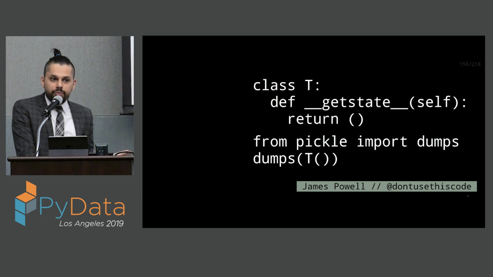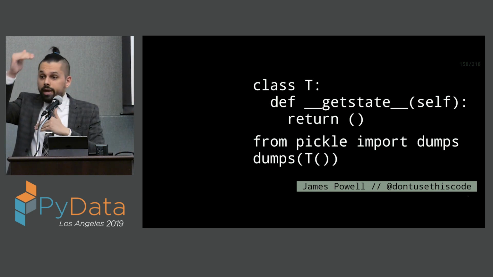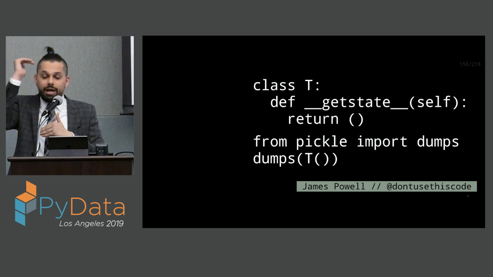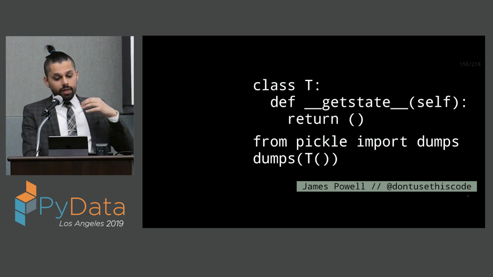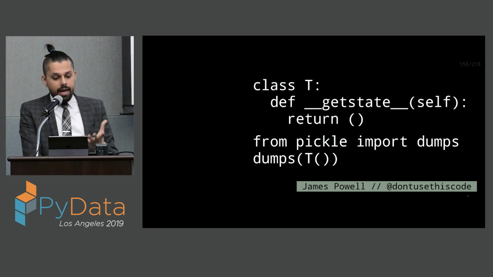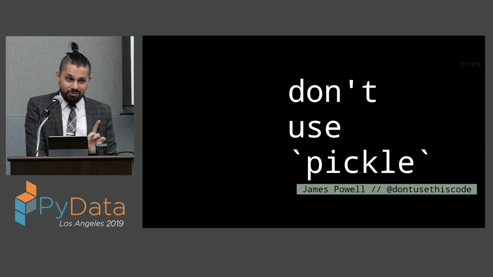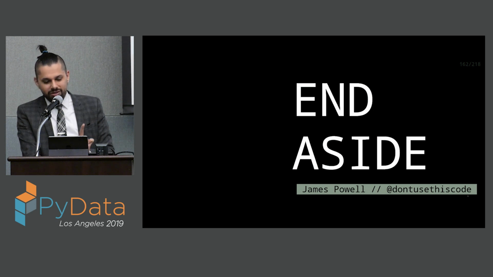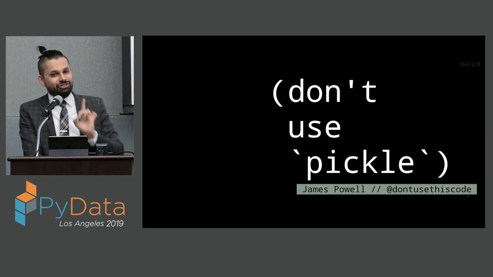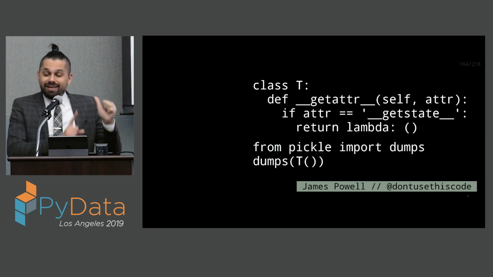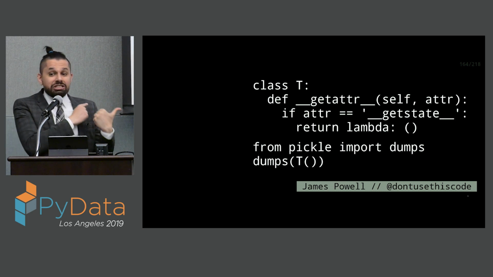But you also know that there are other protocol methods on that same data model page, which talks about how __len__ and __repr__ and __hash__ work, like __getstate__. And __getstate__ is used for things like pickling. And as an aside within an aside, don't use pickle. I wish I could tell you why not to use pickle, but that's the end of that aside. Don't use pickle. Now, what's surprising is this actually does work.